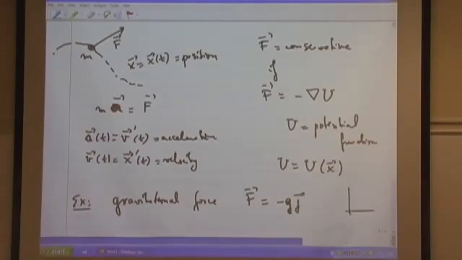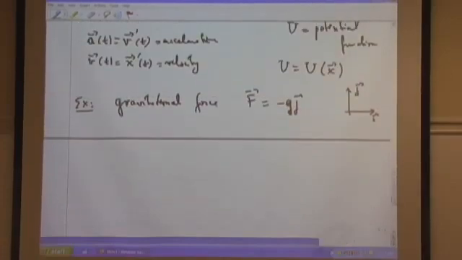Let's think about it in R3, or R2, it is the same. Let me just stick with R2 for now. So i and j, where j is the vertical direction, and the force is actually negative m g j. The acceleration is constant, right? So the force would be minus mg.